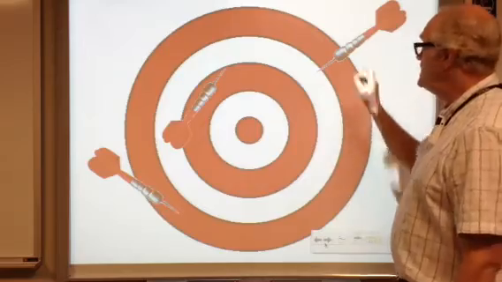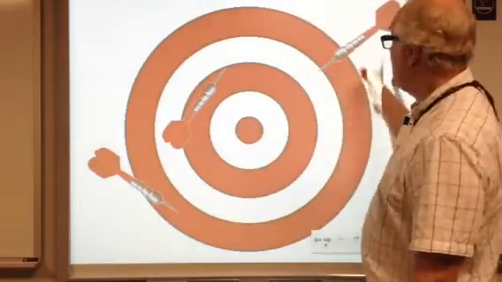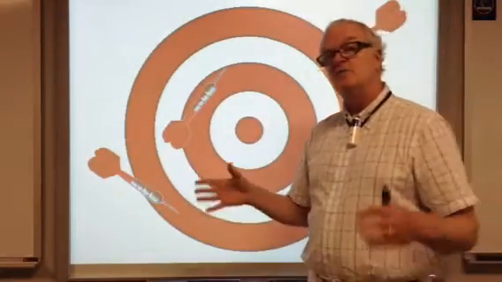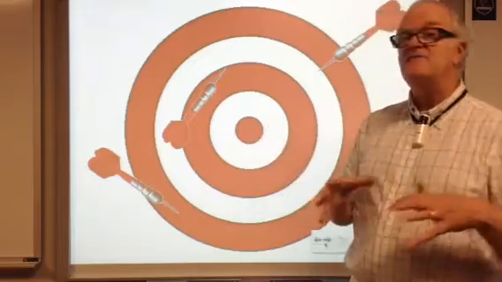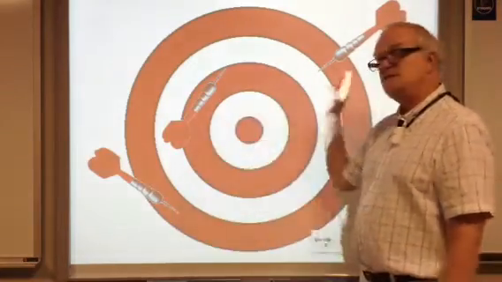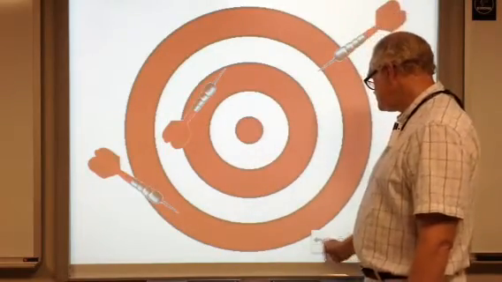Each one of these throws is not very accurate. And as a group, looking at them all together, they're not very precise because they didn't land very close to each other. So these are not accurate as individual throws, and as a group, they're not precise.